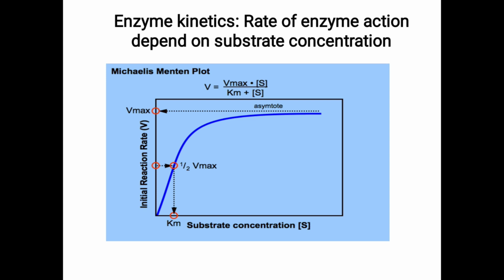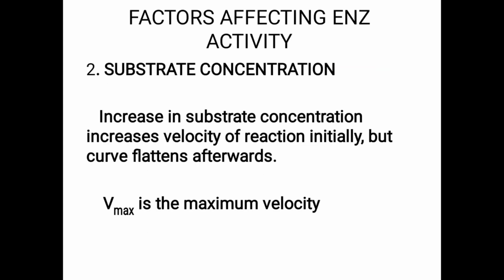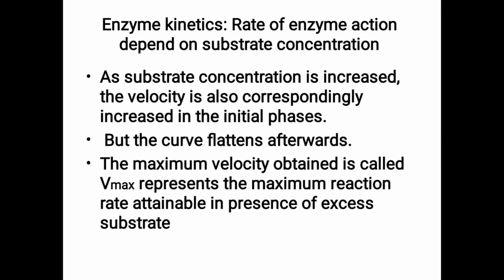Increase in substrate concentration increases the velocity of reaction initially, but the curve flattens afterward, because at a certain point almost all enzyme is occupied by substrate, so the rate becomes constant. That is called velocity maximum, on the y-axis.